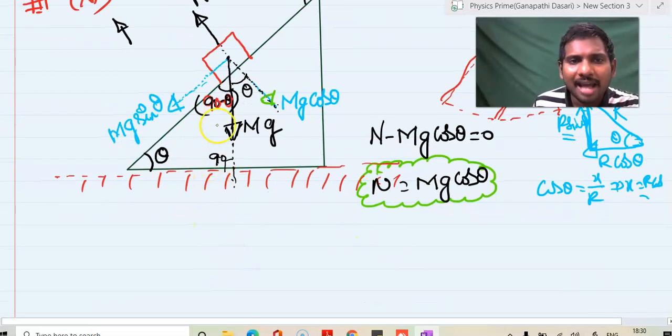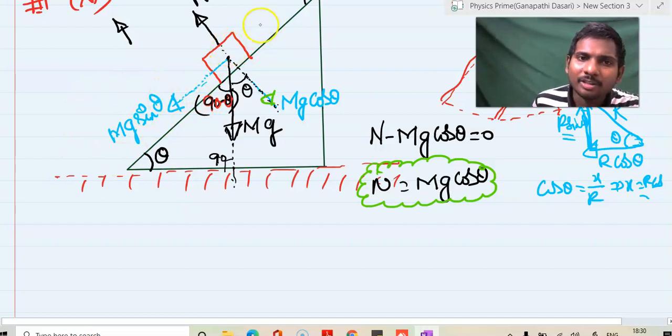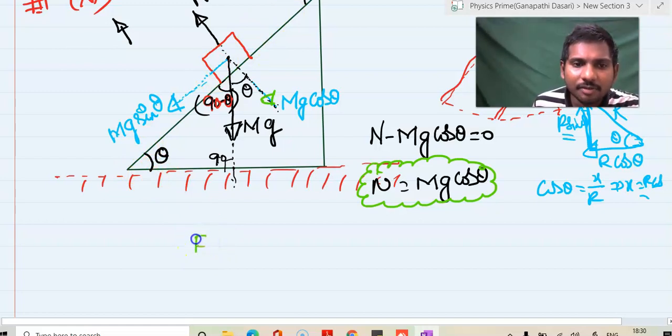Similarly, the unbalanced force. What is the unbalanced force here? There is no upward force along the inclined plane here. So the unbalanced force is mg sin theta. F unbalanced here is mg sin theta.